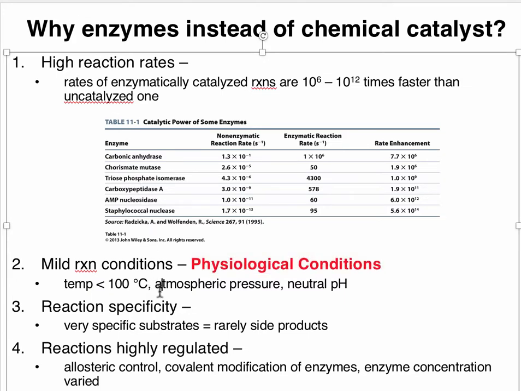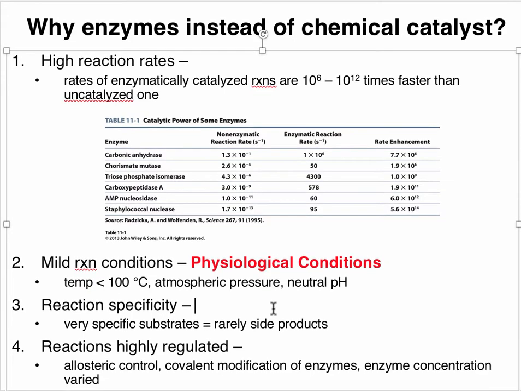Here we have essentially physiological temperatures, atmospheric pressure, and neutral pHs. So the conditions required to undergo the catalysis are very mild. Enzymes are also very specific. That means there are very few side products, and the specificity of each reaction is very high. We'll talk more about this again in chapters 14 and 15 when we talk about metabolism.